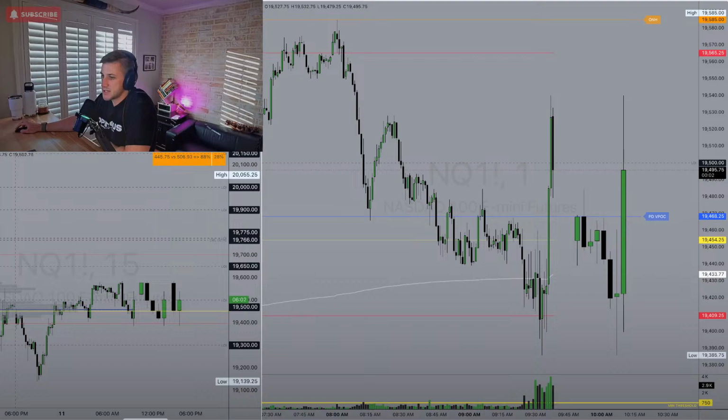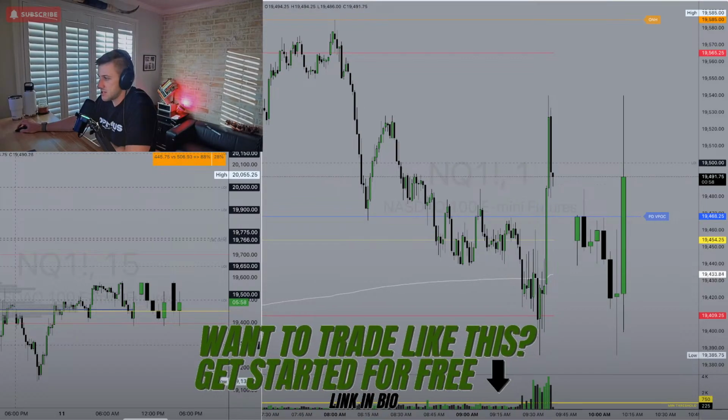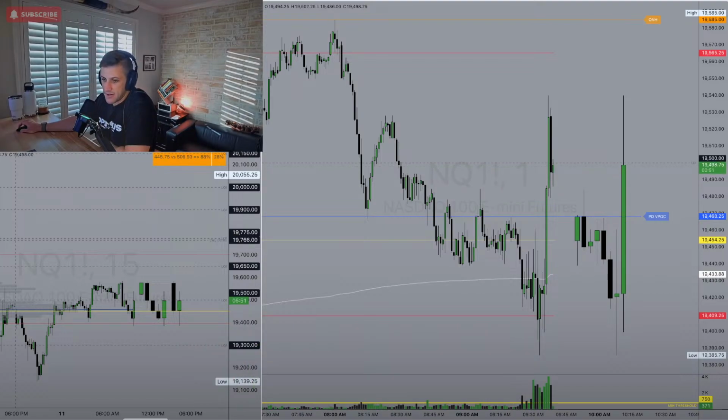Dom long into resistance. Yeah, so still seller's tape. It's going to be for a while until we start to see some big structural shifts. Let's see how this 19,500 is going to be treated here, whether buyers can test that overnight high. Game plan remains the same.